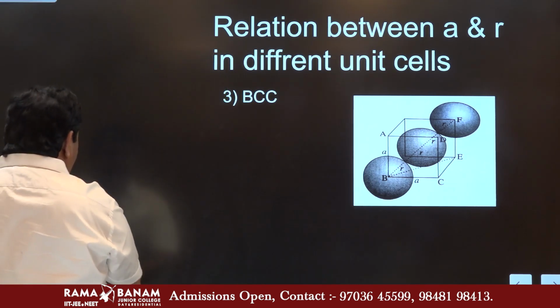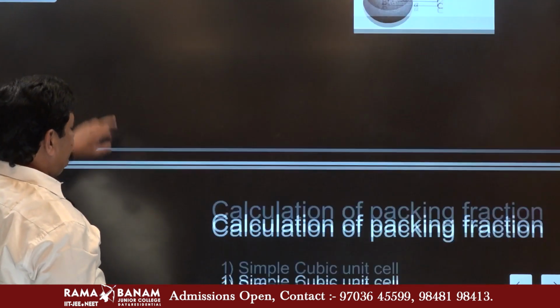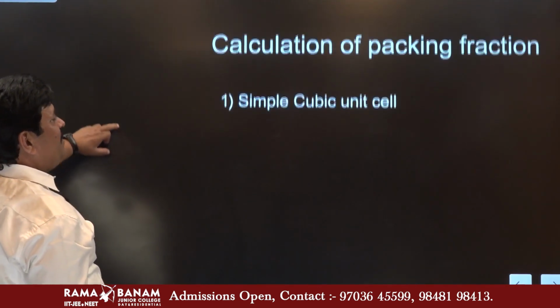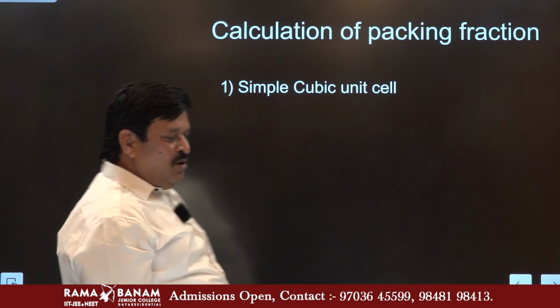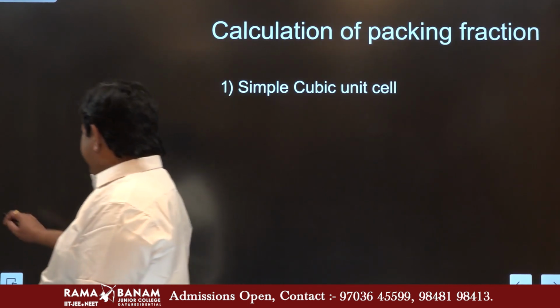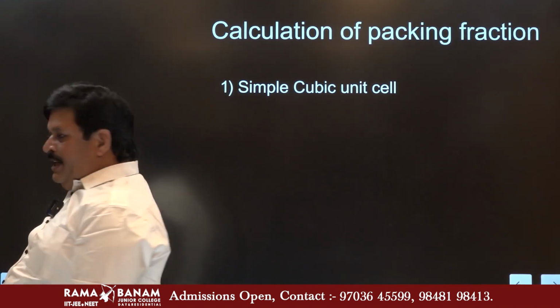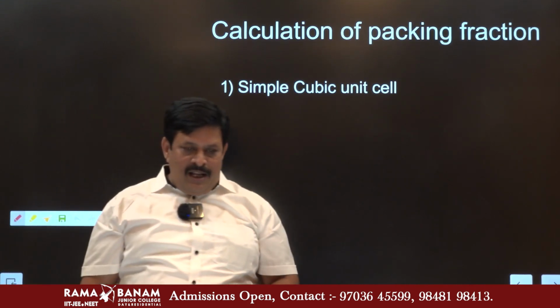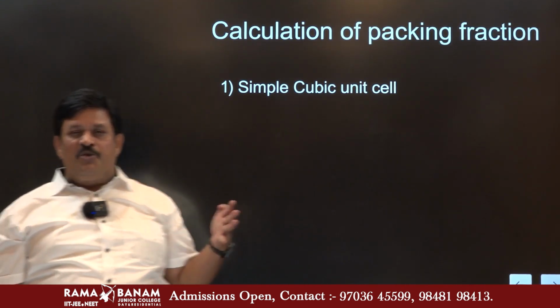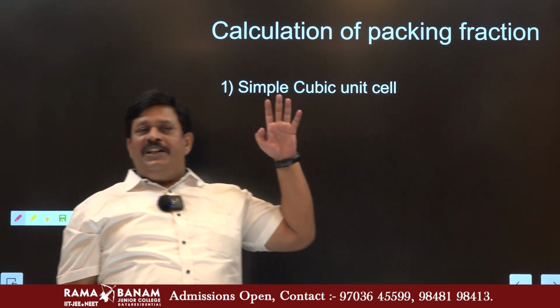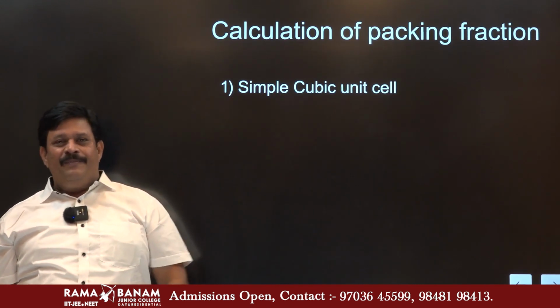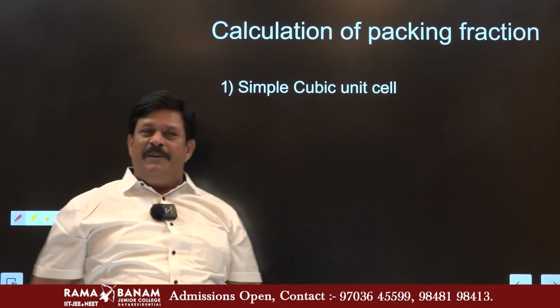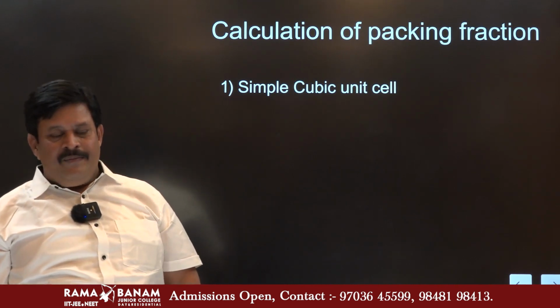Now what is the next thing? Calculation of packing fraction. What's meant by packing fraction? One more time listen, students, this is a very important point. In solids, particles are closely packed. Still there are some vacant spaces.